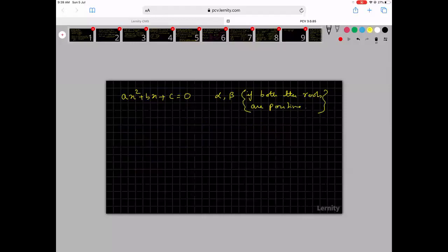So can I say that alpha is equal to minus b plus root over of b squared minus 4ac by 2 times a? Then I can say beta is equal to minus b minus root over of b squared minus 4ac by 2 times a. Now we are trying to look at the condition when both are positive.